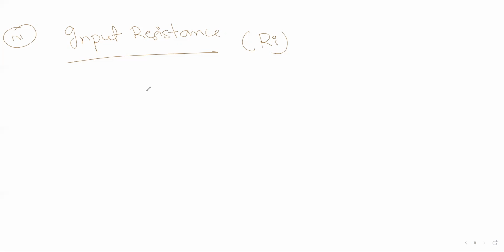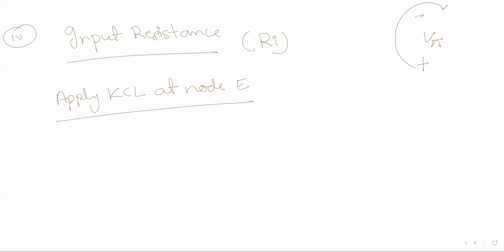After that, we apply the KCL at node E. After reversing the polarity of V pi, for sake of calculation, the polarity of the dependent current source will also be changed.